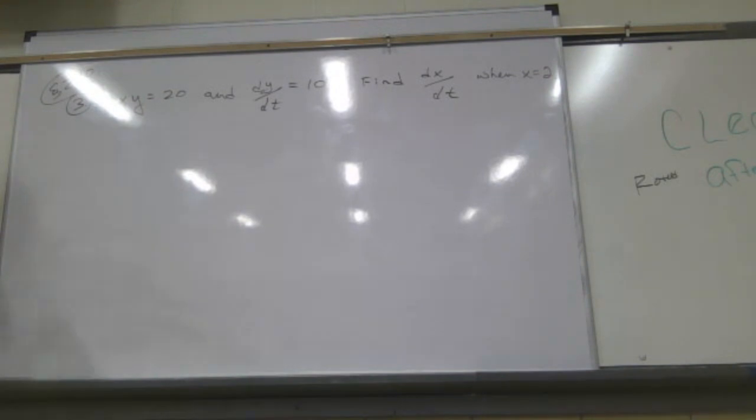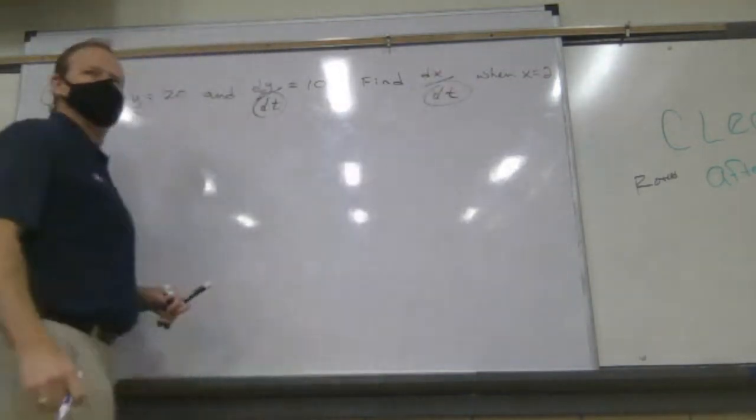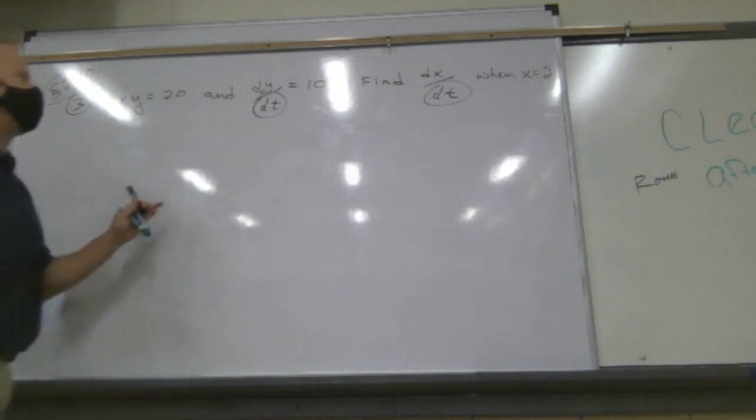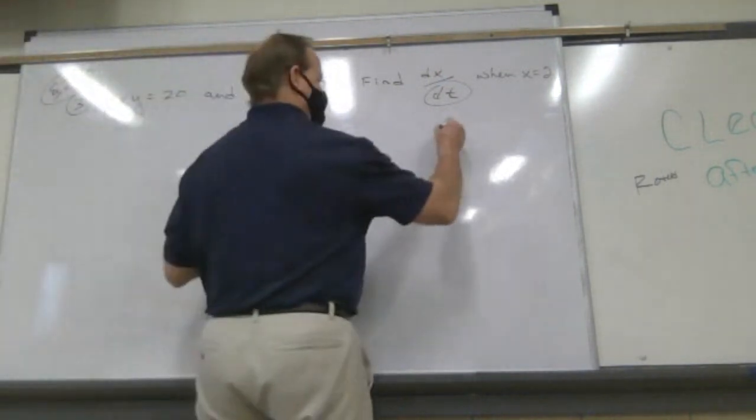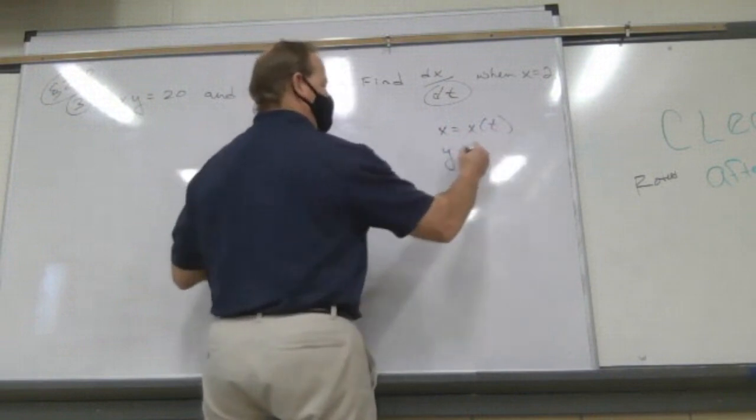So what's the first thing we're going to do? Notice the denominator is with respect to t. So really, x is some function of t. x is x of t, y is y of t.